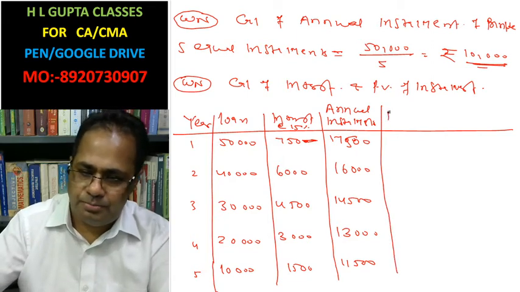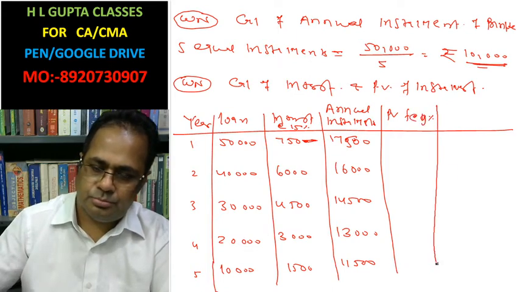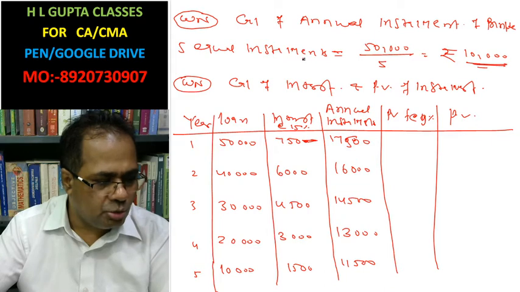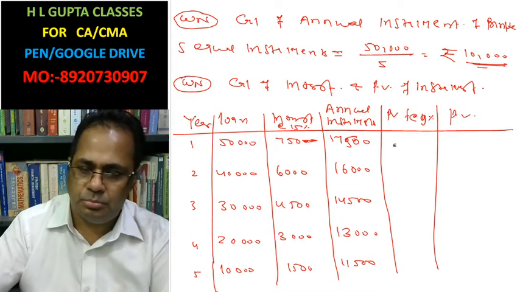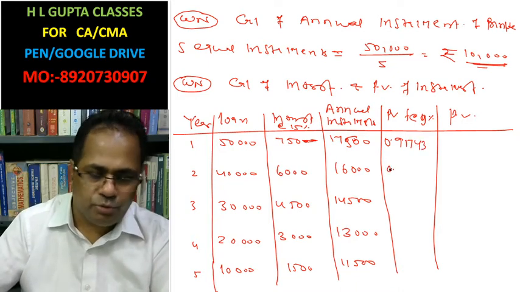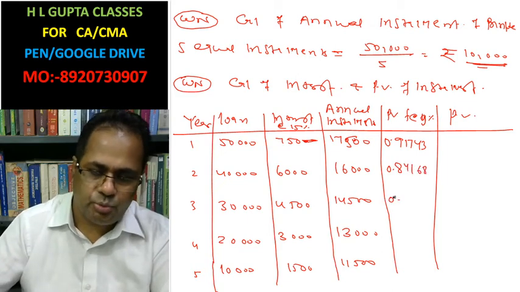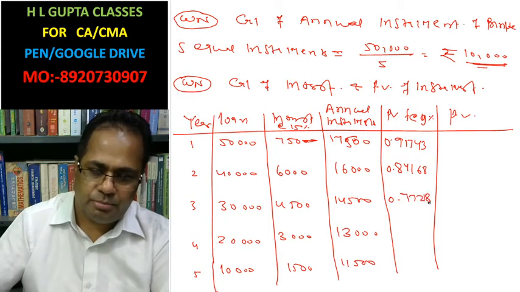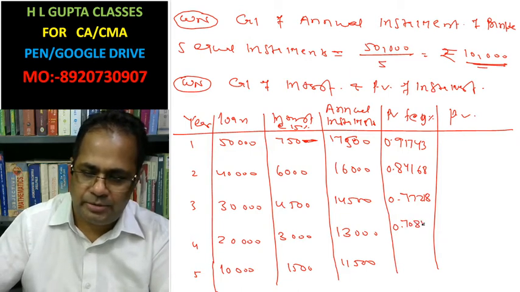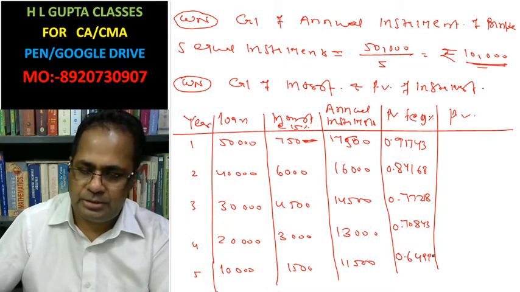Present value factor at 9%: 0.91743, 0.84168, 0.77218, 0.70843, 0.64993.